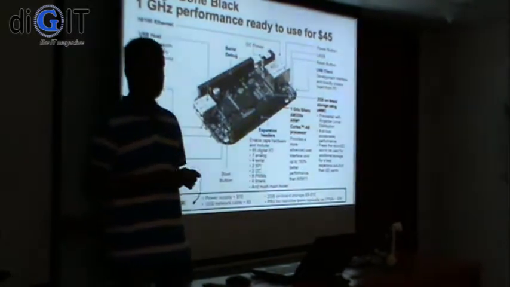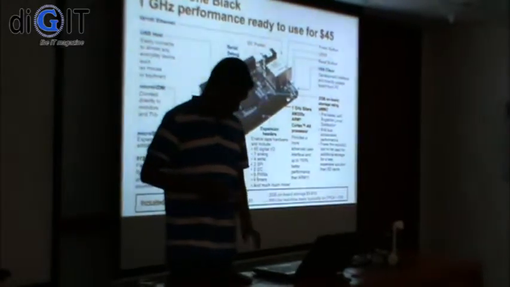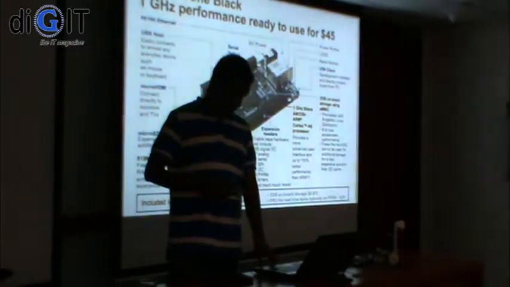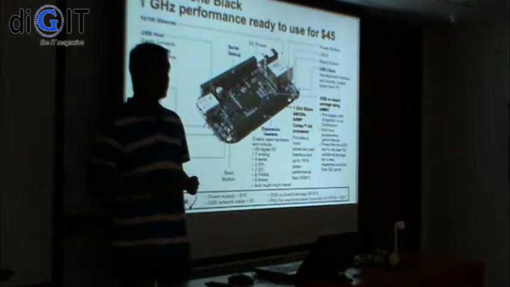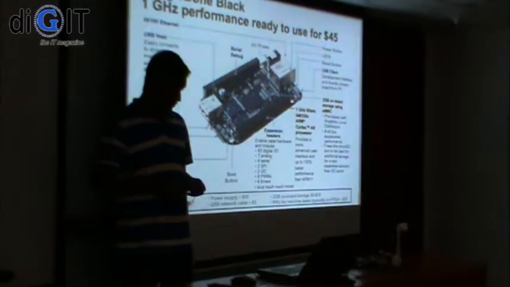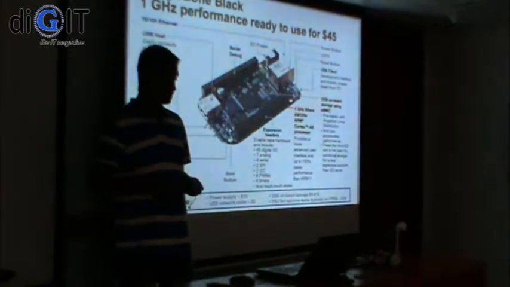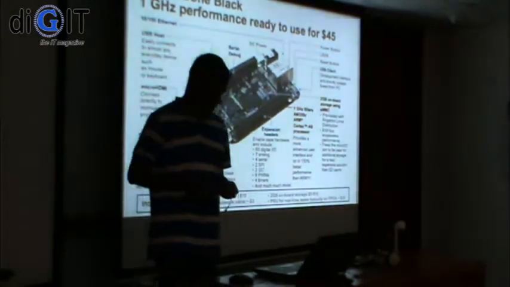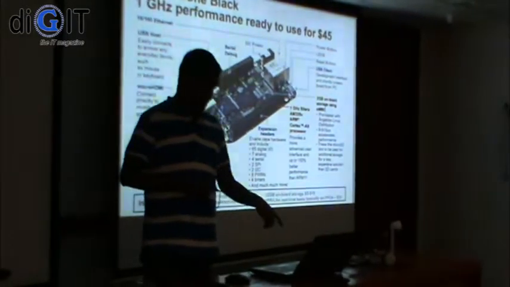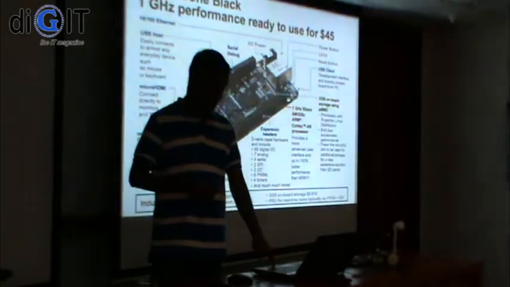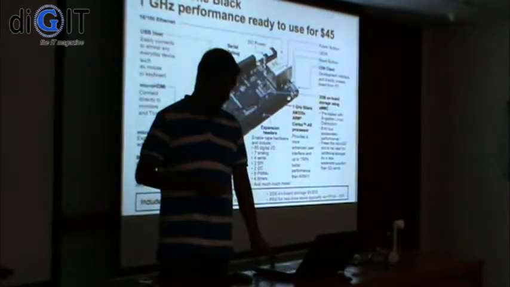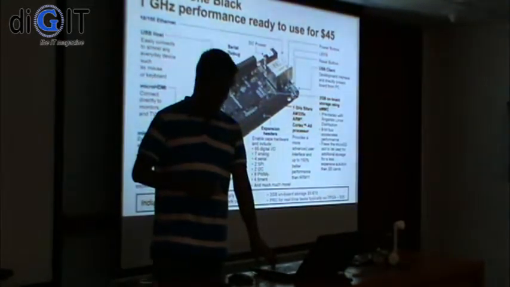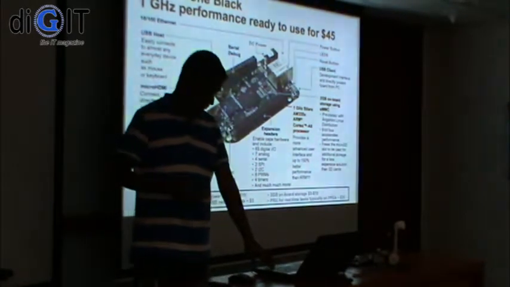And it also has expansion headers, 65 digital input output, 7 analog ports, 4 serial ports, 2 serial peripheral interface ports, and 2 inter-integrated circuits, and 8 PWM ports, 4 timers. And it has a 1 GHz Sitara AM335X ARM Cortex A8 processor.